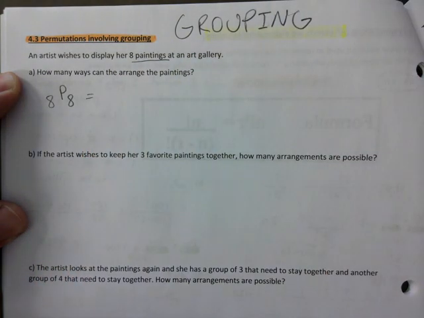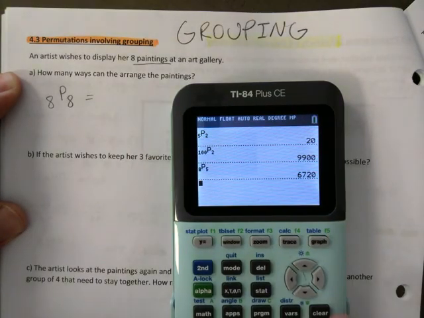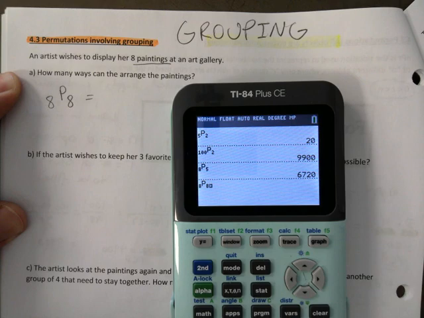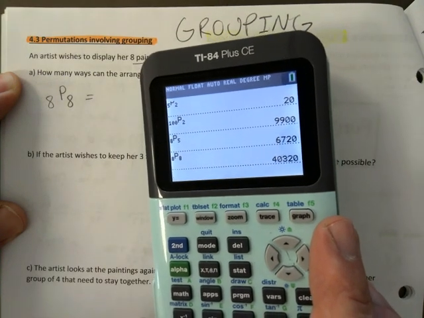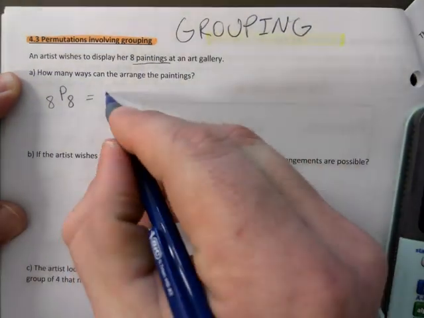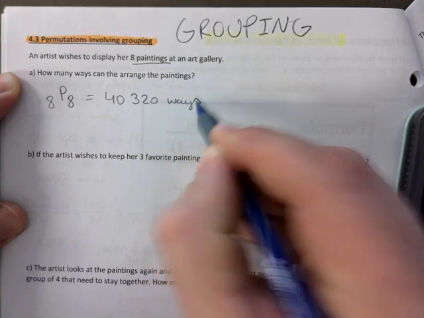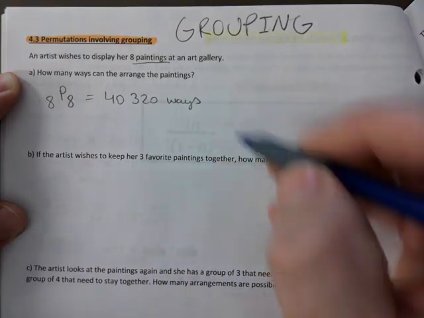And what's 8, pick 8? Grab our calculators. So I'm just going to copy paste the previous line. It's 40,320. Okay. I will make a note.